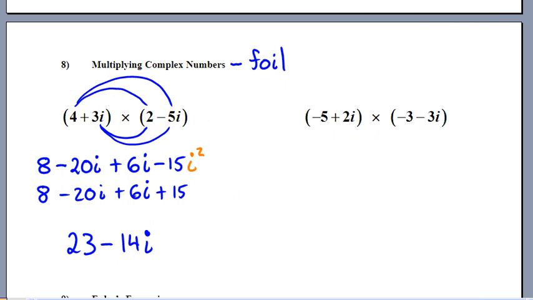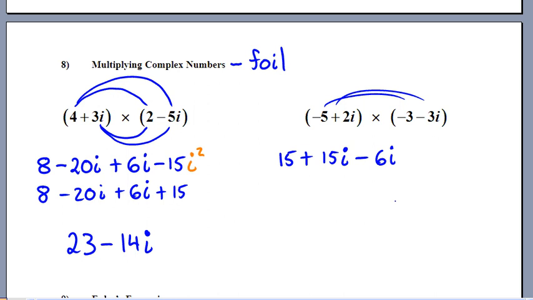Okay, let's try that out one more time. Still multiplying. No dividing yet. So I'm just going to FOIL. So I'm going to have negative 5 times negative 3. That'll be a 15. And then my outsides. Negative 5 times negative 3i. 2 negatives. That's going to make a positive 15i, an imaginary component. Then the insides. Minus a 6i. And then the last.